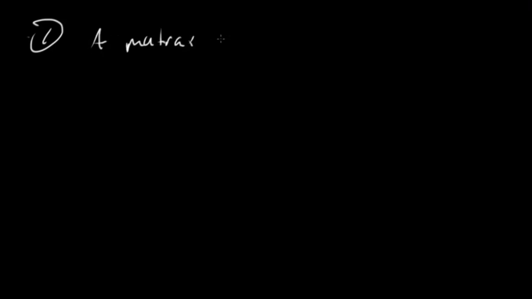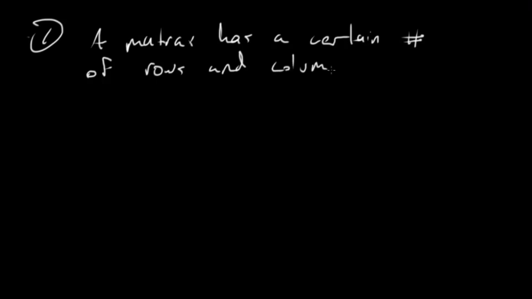A matrix has a certain number of rows and columns, called the dimension of the matrix.